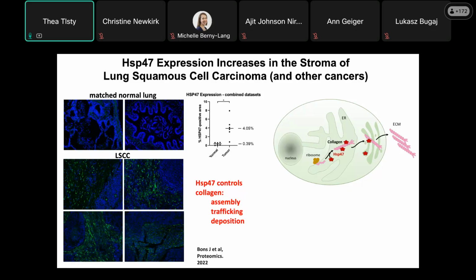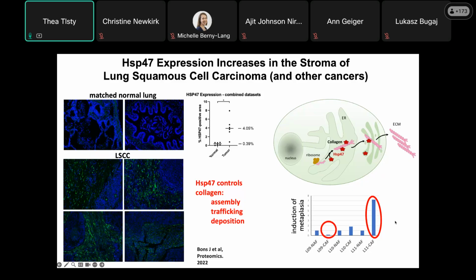And then we had another important hint: the cells that robustly induced metaplasia had a high expression of this protein. The ones that were very weak at doing that had a very low expression. So it sets us up for the perfect genetic experiment of necessity and sufficiency. We took these fibroblasts, knocked down the HSP47, and those fibroblasts no longer induce metaplasia or dysplasia.